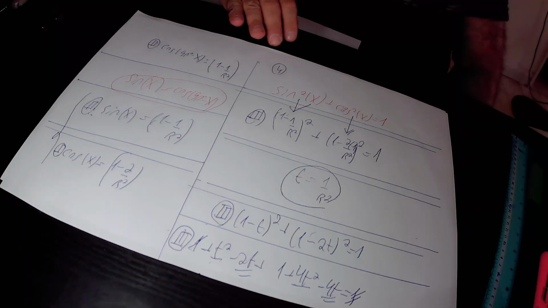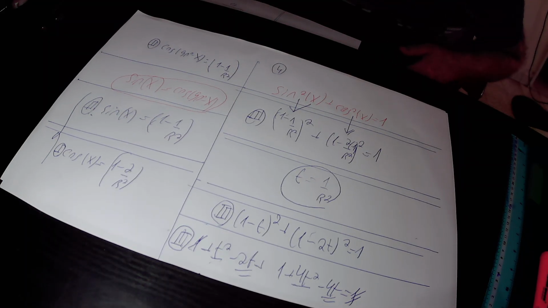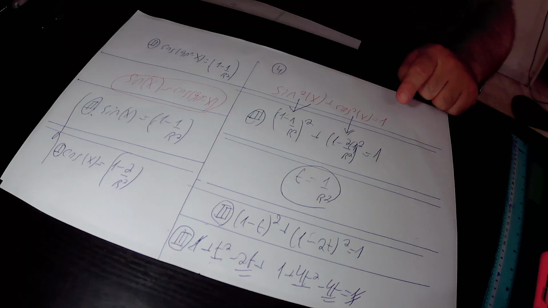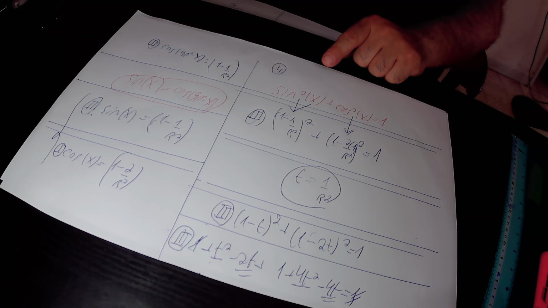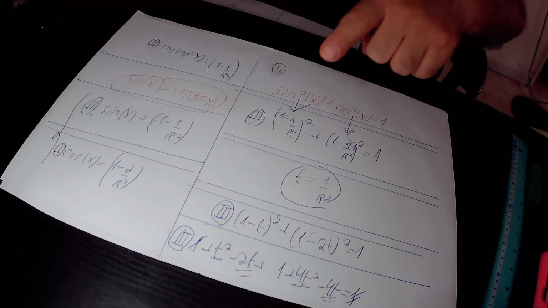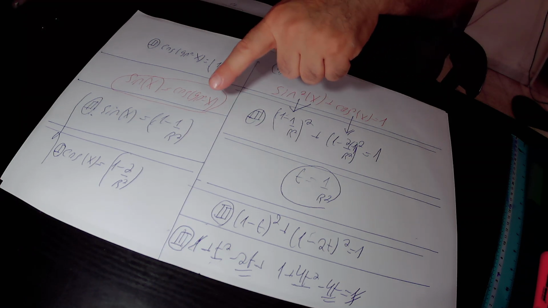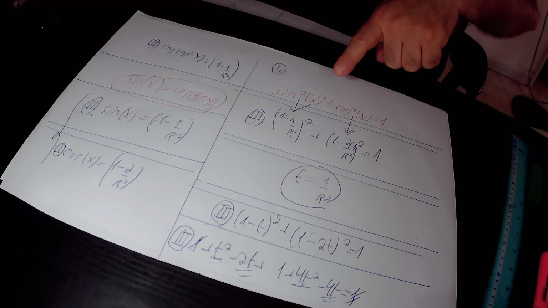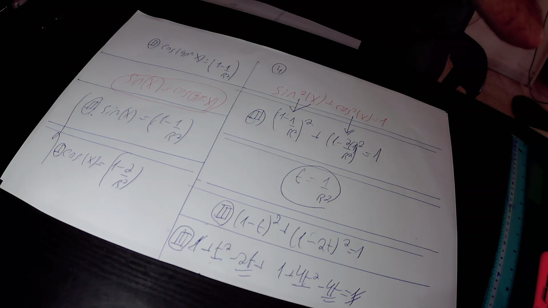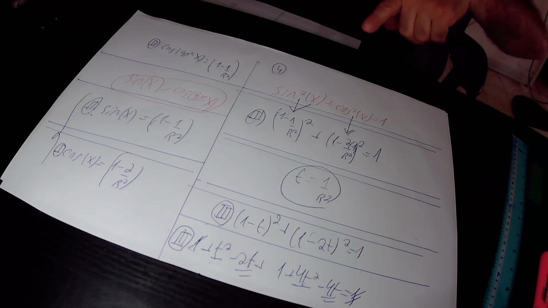Okay, now we use the trigonometric identity that says sine square x plus cosine square x equals 1. According to this identity, we have sine x equals 1 minus 1 over R square. If sine x equals 1 minus 1 over R square, it means that sine square x will be equal to (1 minus 1 over R square) squared, plus cosine square x.